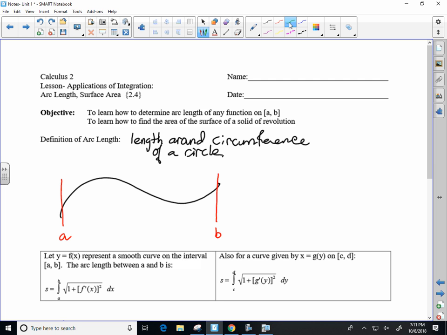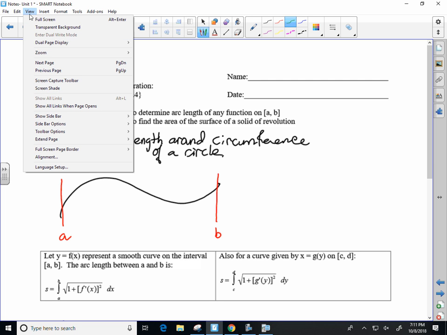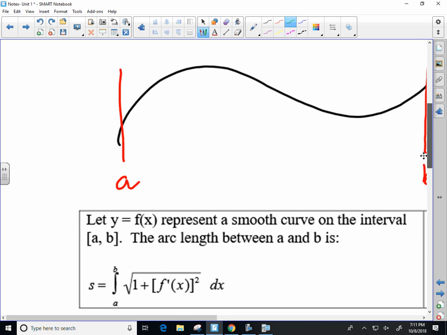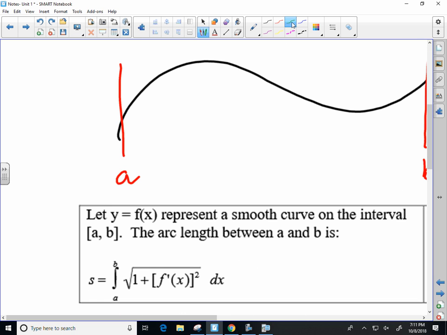What we're saying is that if we zoom 300% into some particular interval along a curve, that little interval has a tiny smidge of arc associated with it. That arc corresponds to some circle.